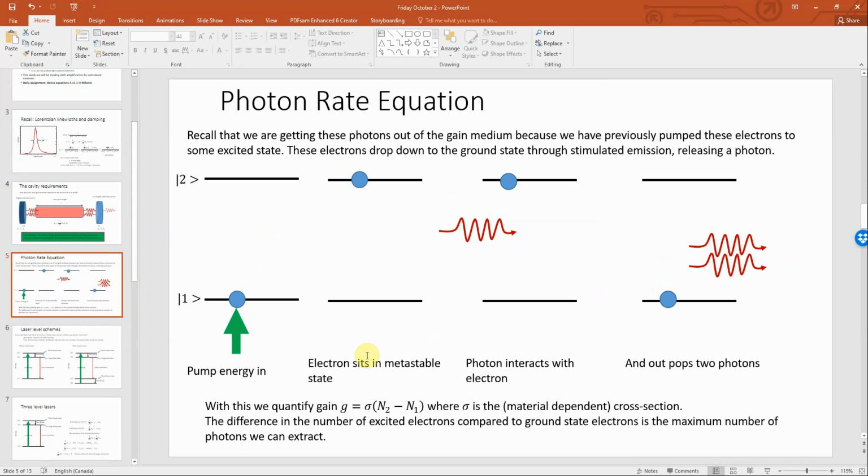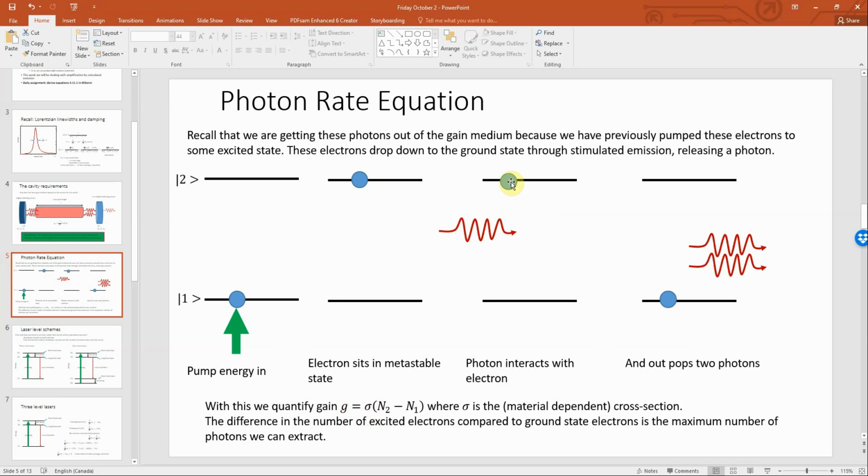This week we've also talked about the photon rate equation. We're pumping ground state electrons up into some excited state, which is some kind of metastable state. The atom sits in this excited state until a photon comes along and interacts with this electron with some probability, dependent on the cross-section, sigma.